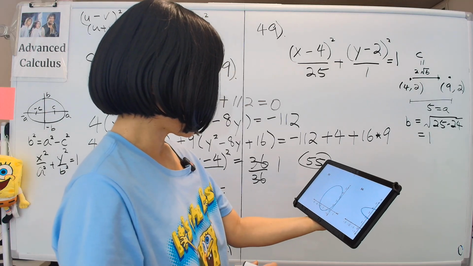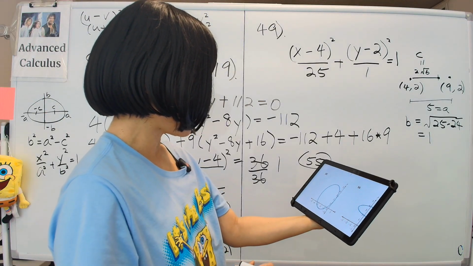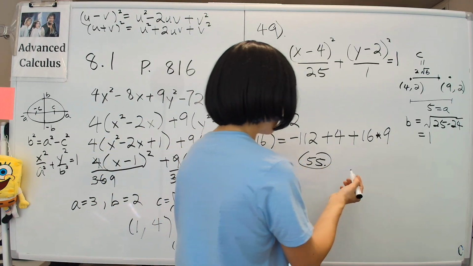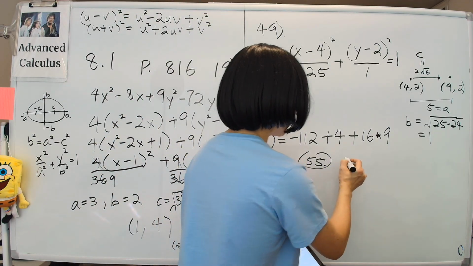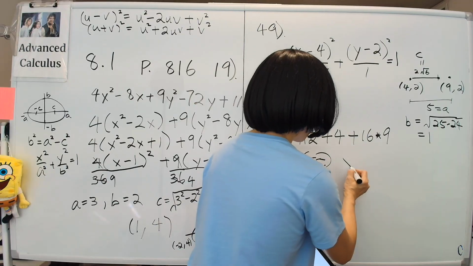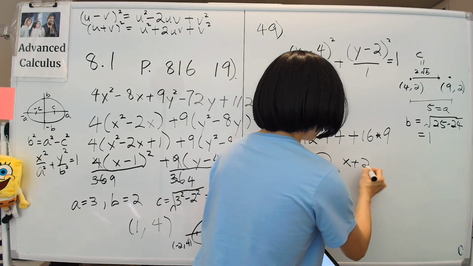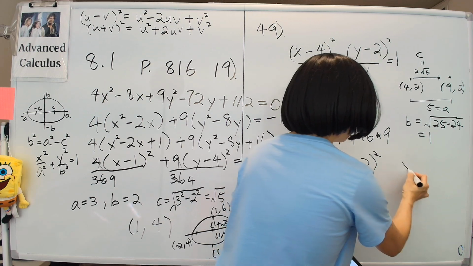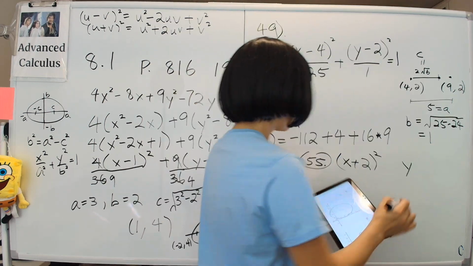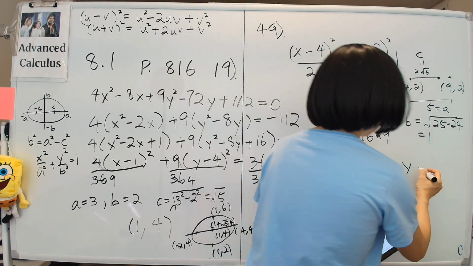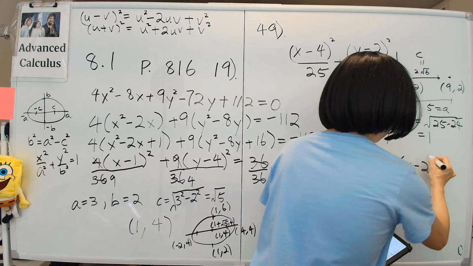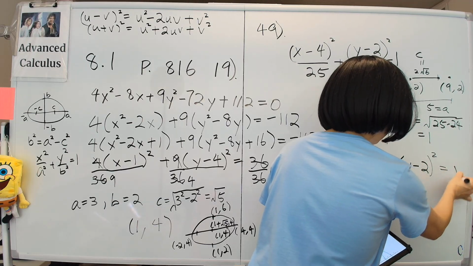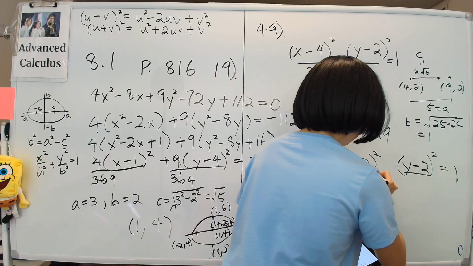The center looks to me like minus 2 and positive 2, which means the equation goes something like this: x plus 2 squared, and then y minus 2 squared, and that equals 1, but we need to know what we are dividing by.